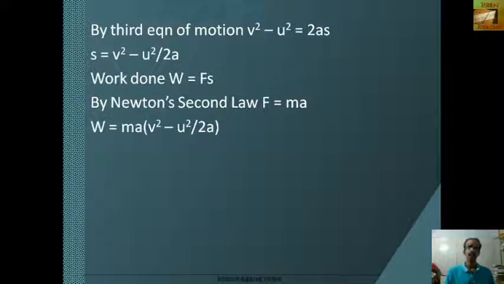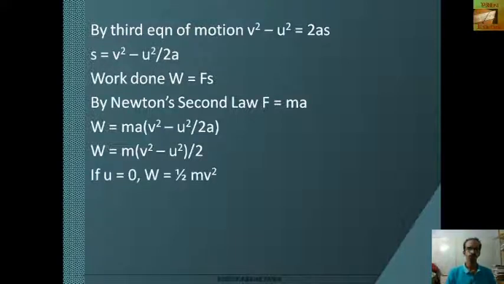That is, work done becomes mass into acceleration into v square minus u square by 2. On multiplying, we get work done is equal to m into (v square minus u square) by 2.